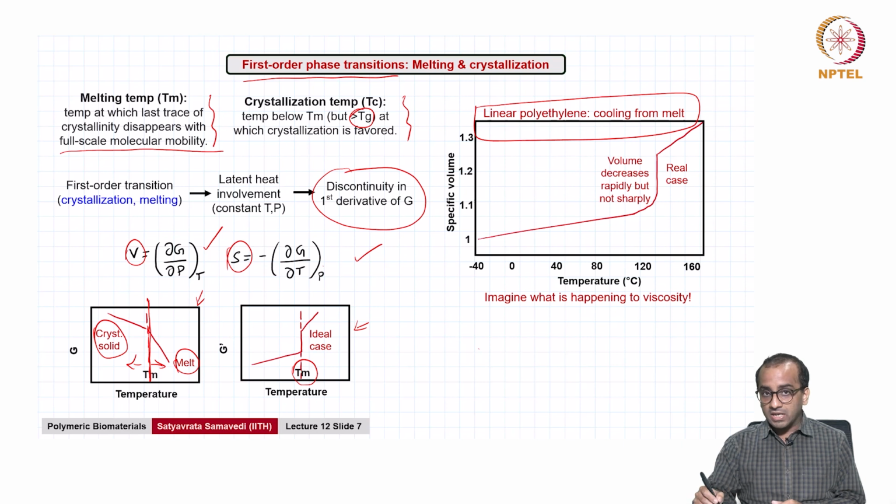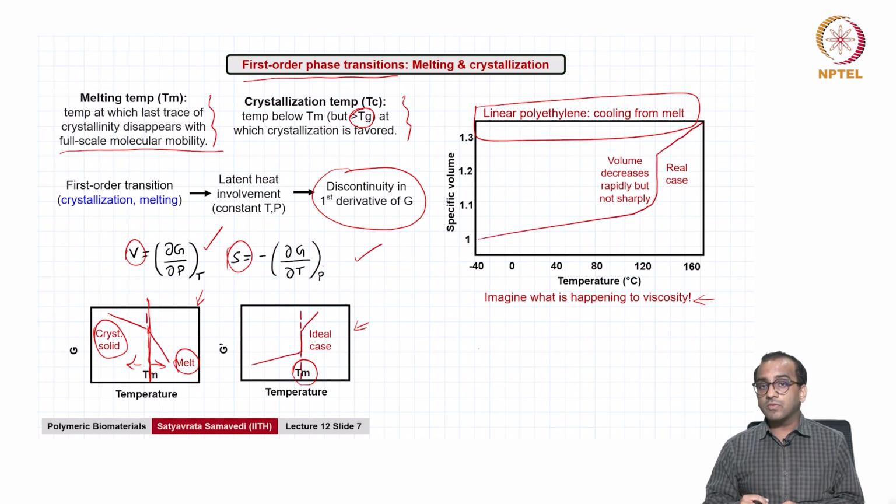Volume decreases rapidly but not sharply, and this you have to relate to the fact that these may not be perfect crystals. You may have crystals of different sizes that are forming based on the mechanism, etc., based on the defects. You can have a short range over which this happens. One also important point to note here is because the melt is associated with a certain viscosity at a specific temperature, as you cool it down, you also have to keep in mind that the viscosity is going to go up significantly.